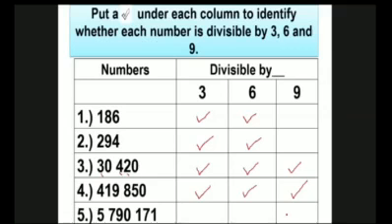So here, 5,790,171, is it divisible by 9? Let's take a look. So 5 plus 7, 12, plus 9, 21, plus 1, 22, plus 7, no, it is not divisible by 9. Is it divisible by 6? Is it divisible by 2 and 3? No. So therefore, it is not divisible by 6, and it is only divisible by 3.